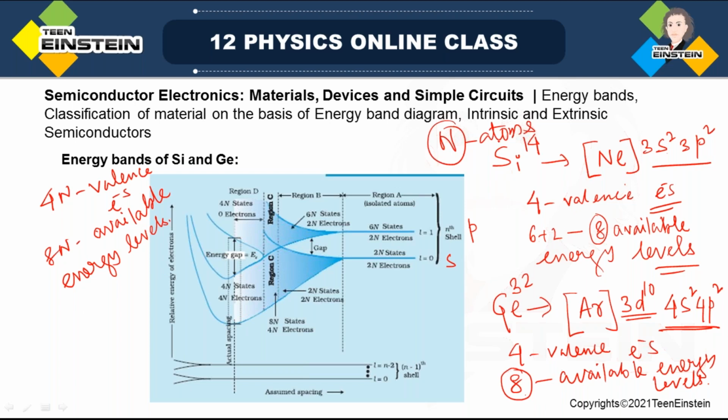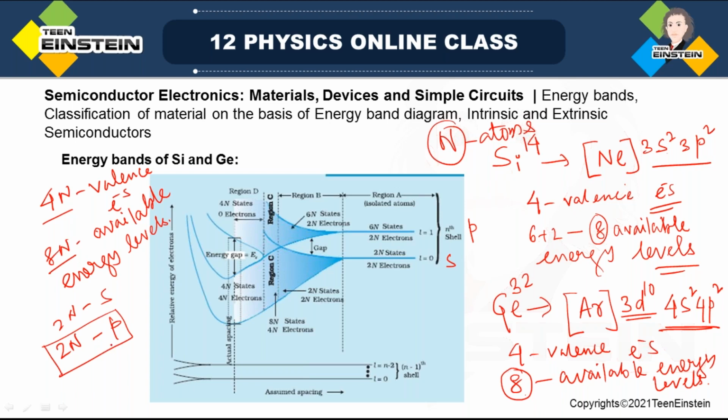If I have n number of atoms, then 4n valence electrons and 8n available energy levels will be there. But of these 4n electrons, 2n electrons will be in the S shell and 2n electrons will be in the P shell.